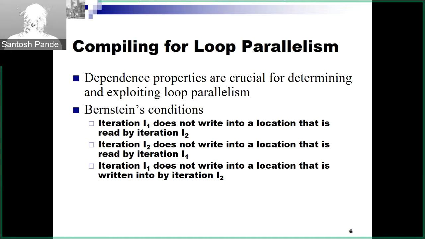So if there is an overlap between the read and write sets of different iterations, that's a problem. And the other problem is when there is no disjointness between the write sets of two different iterations. Again, they'll get messed up.